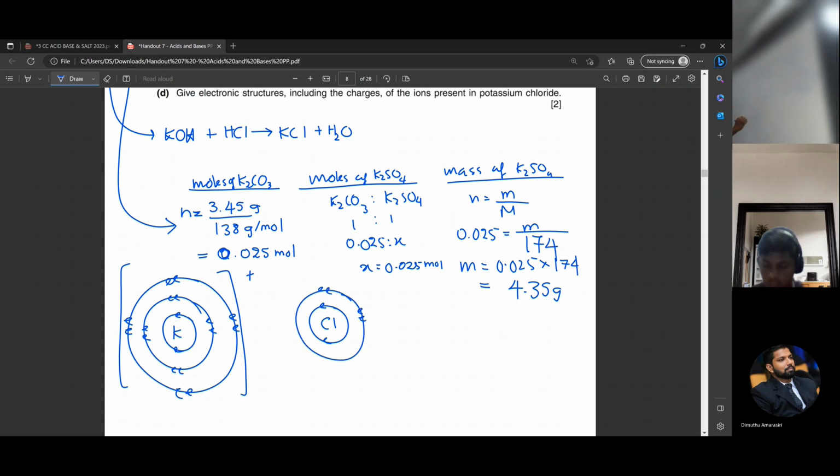It has taken an extra electron, so now it's 288. Surprisingly, both potassium ion and chloride ion have the same electron configuration but different charge. Potassium is 2881, it becomes 288 as the potassium ion. Chlorine is 287, and the chloride is 288 again.